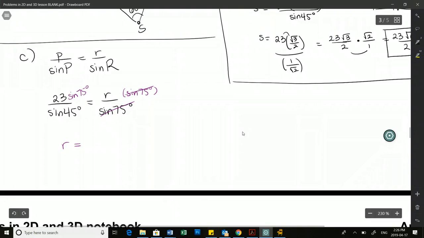And then I'm just going to have you plug this into your calculator and calculate. So you're going to do 23 times the sine of 75. If your calculator opens a bracket, you're going to want to close your bracket and then do divided by sine of 45. You got that formula off the sheet, right? Yep, the formula is just sine law.